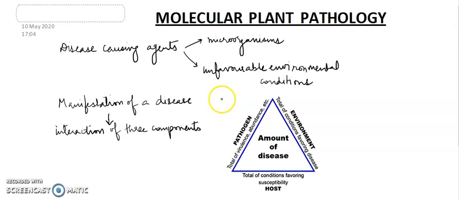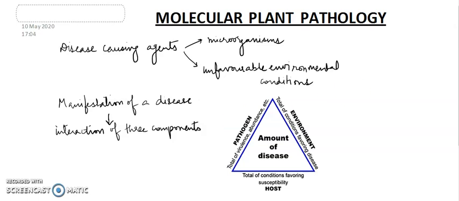On the contrary, if any of these factors or components is zero, then the disease cannot occur. So there has to be a proper interaction, a perfect interaction between these three components for the disease to occur in a plant. This is called as the disease triangle.